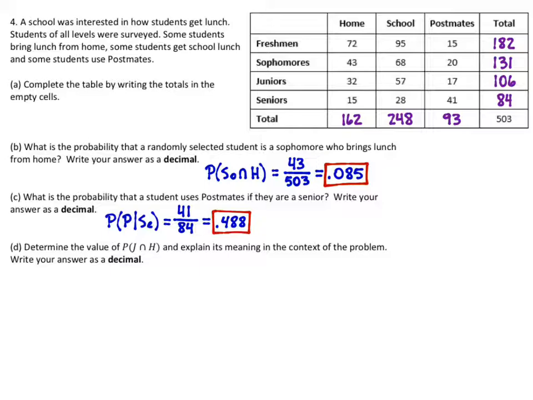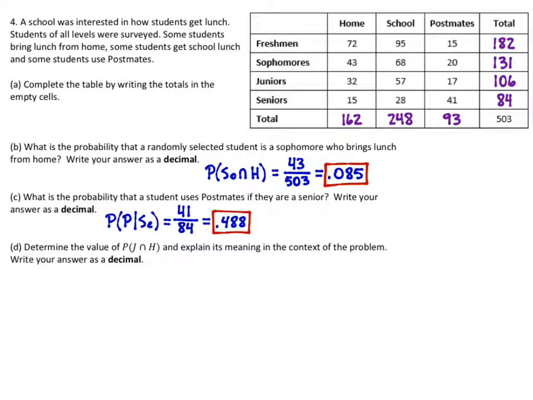And then D, it says determine the value of the probability of J intersect H and explain its meaning. So this is going to be the probability of a junior and home. Well, what does that mean? We write that out as the probability that a student is a junior who brings their lunch from home.